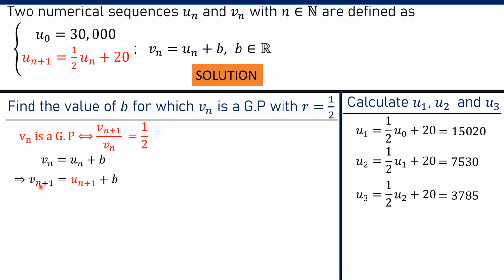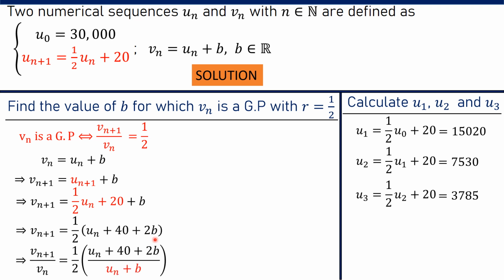So vn plus 1 is un plus 1 plus b, but we know what un plus 1 is. un plus 1 is half into un plus 20, and then we add the b to it. Now we can factor out half from 20 and from b, so we have vn plus 1 to be half into un plus 40 plus 2b.